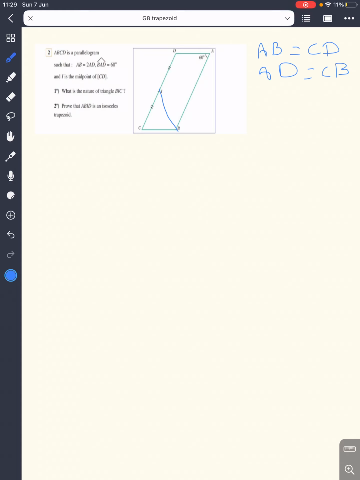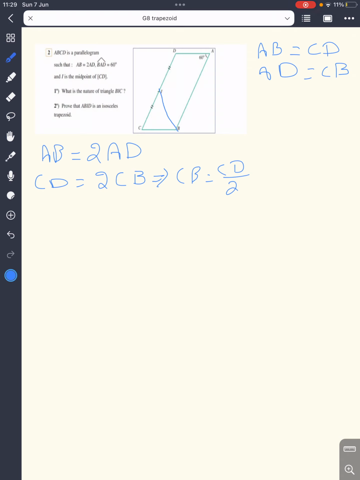Here, since we said that AB equals AD, and AB equals CD, AD equals CB, and I is the midpoint of CD, then we can say that CB equals CD over 2.